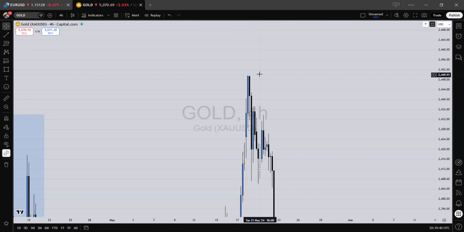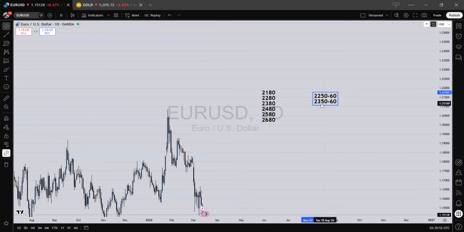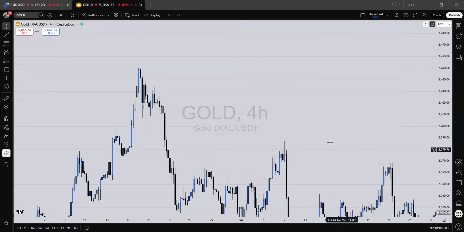The moment it tapped into 2450, price came all the way down, which is in line with this. 2450 to 2460. The retracement started from there.